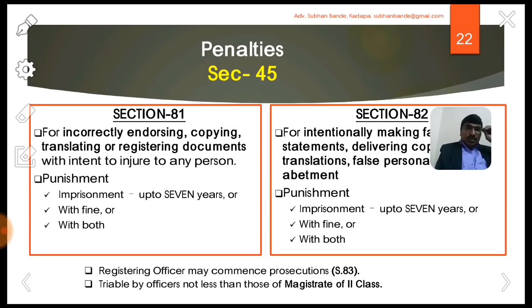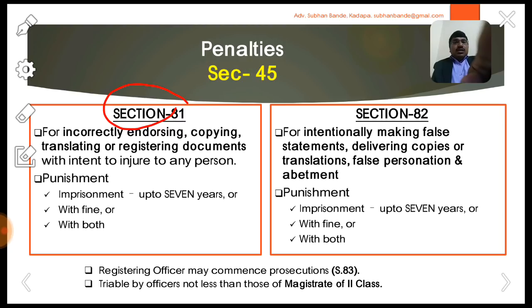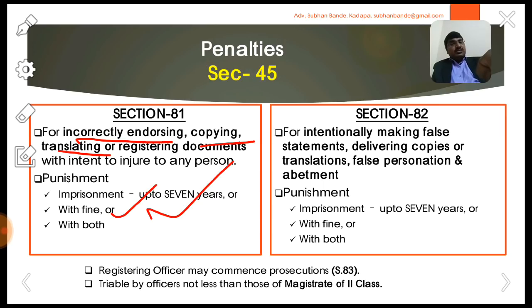Next, penalties for non-registration, etc. According to section 81, if the documents are incorrectly endorsed, copied, translated, then there will be imprisonment up to 7 years, or with fine, or with both.